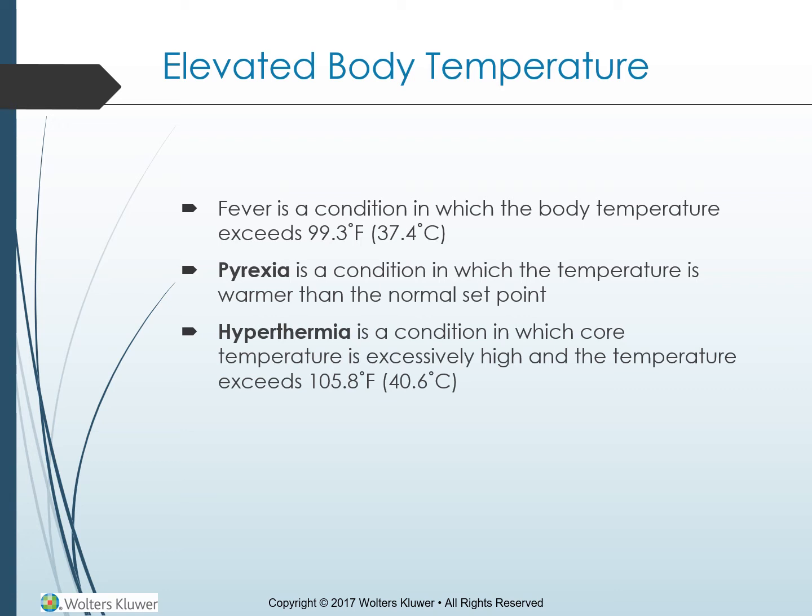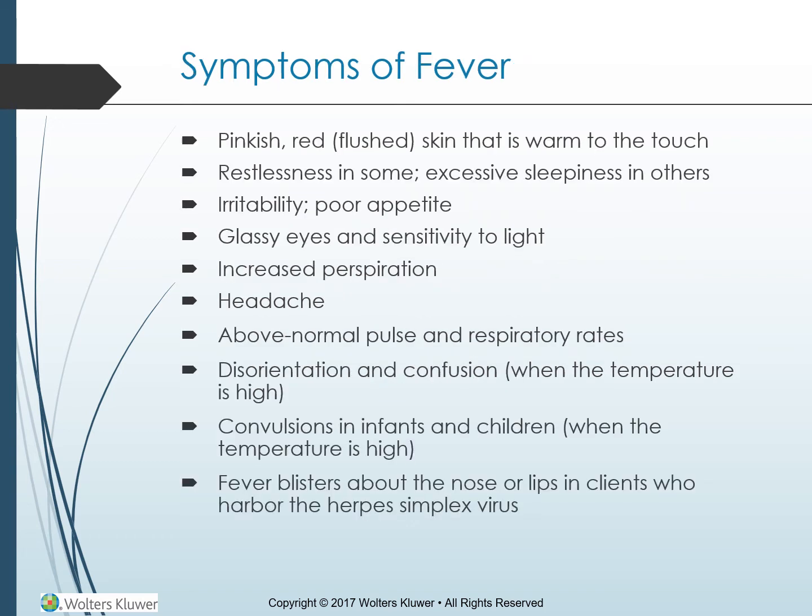Convulsions in infants and children when it is very high can occur. Fever blisters in nose and lips can occur with those with herpes simplex virus. They'll have a breakout. Hyperthermia, again, is 105.8 or greater, and there is a high risk of brain damage or problems with high metabolic demands.